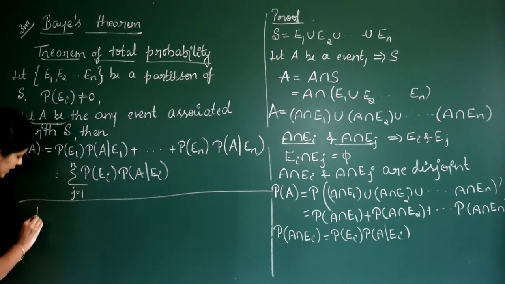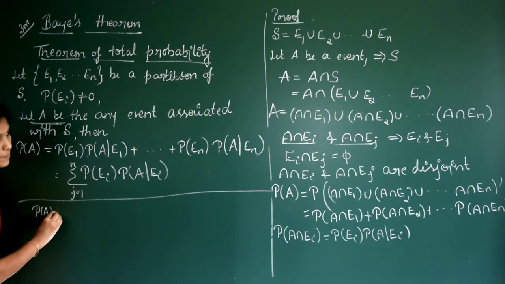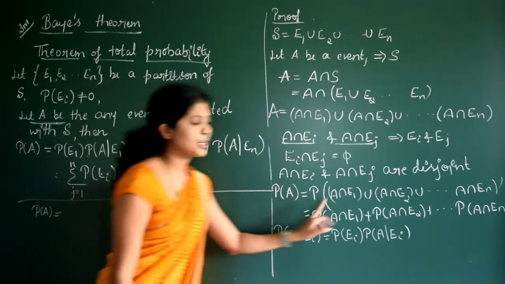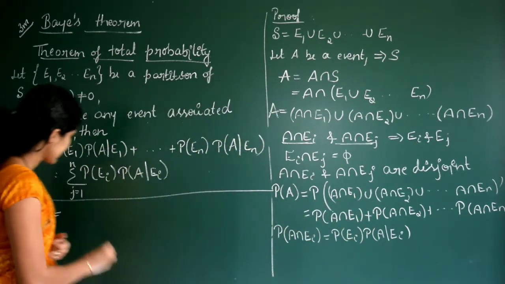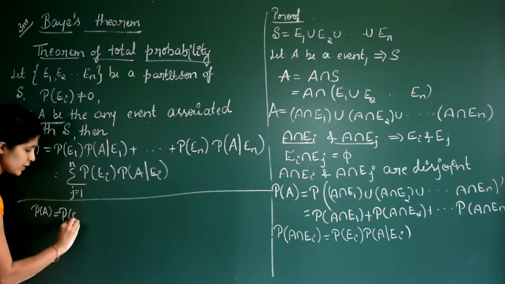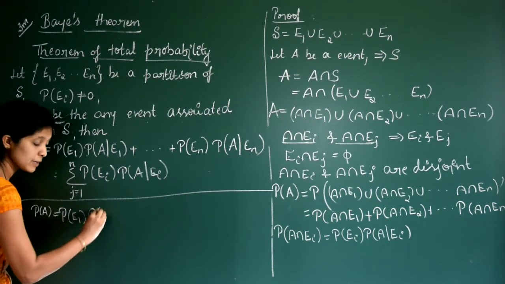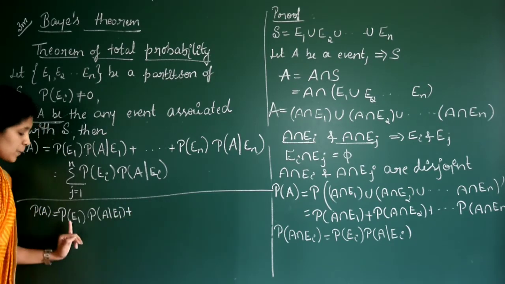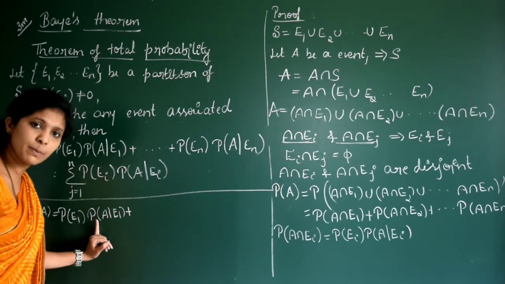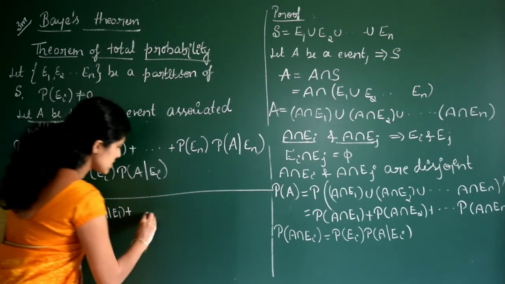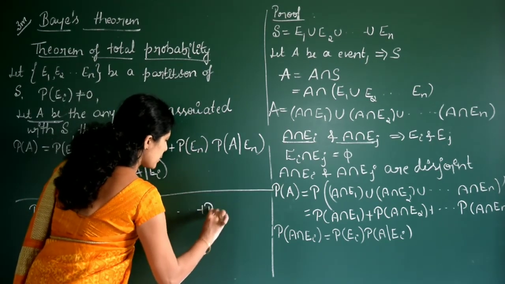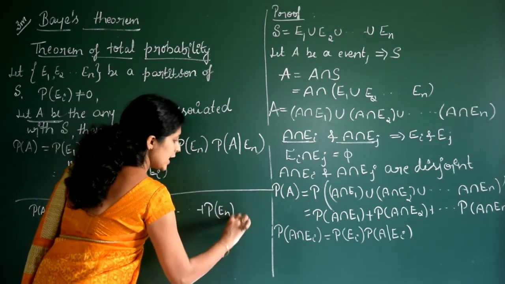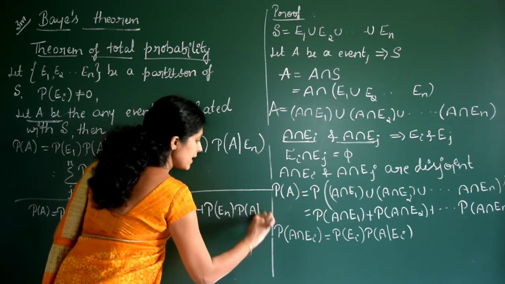So by this we can write probability of A is equal to probability of A intersection E1, which can be written as probability of E1 into probability of A by E1, plus the second term, probability of E2 into probability of A by E2. Similarly, the last term will be probability of En into probability of A by En.